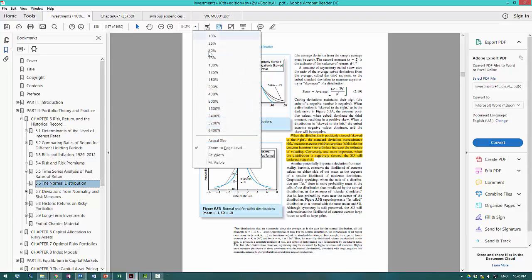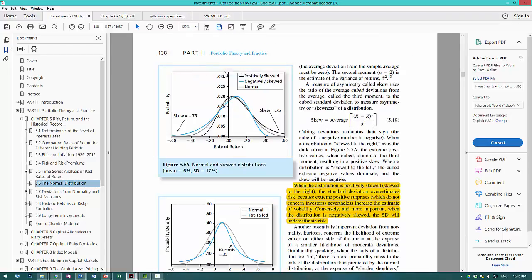Okay, so this person was asking, why does it say that? Okay, so look at this graph, and look at what I've highlighted. So when the distribution is positively skewed, so here in this graph, there are 3 distributions. First of all, there's the normal distribution, which is the gray line here. Now the gray line is being sandwiched by the blue line and the black line.